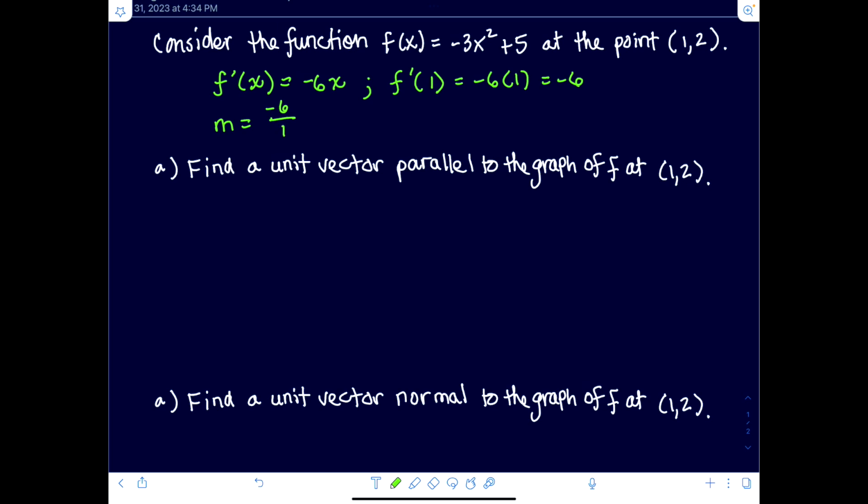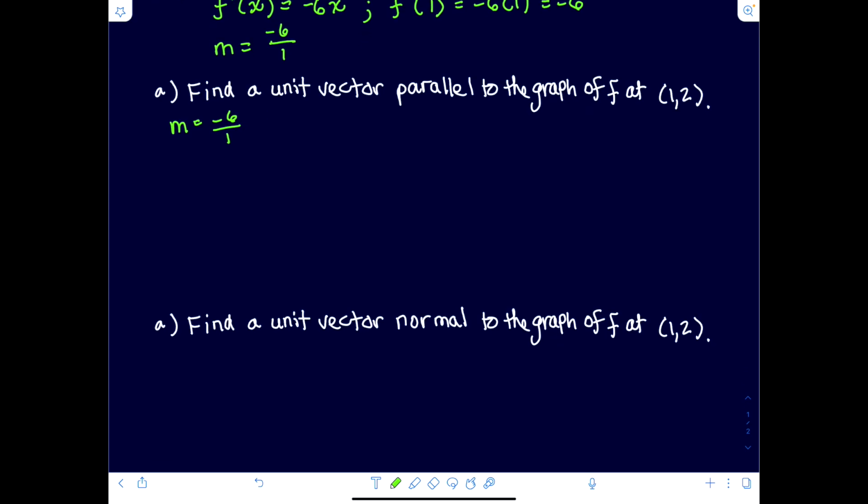So a unit vector parallel to the graph of f at (1, 2) is going to have the same slope, negative 6 over 1. And then the unit vector normal to the graph of f will have a perpendicular slope. So we would call this m1, and m2 will use positive 1 over 6. So that's the plan. Let's do this thing.